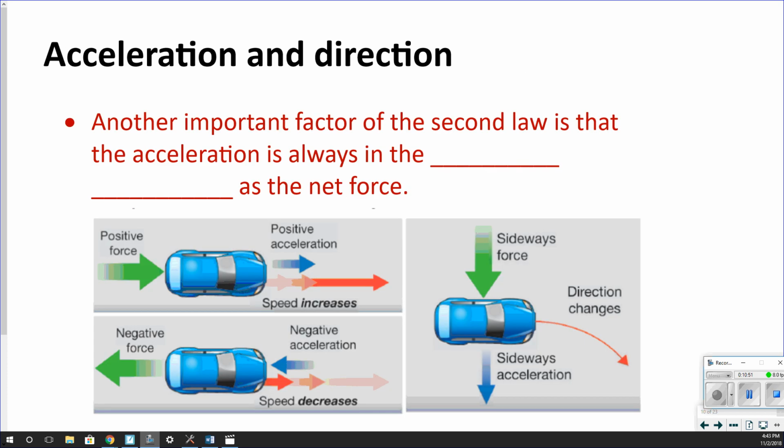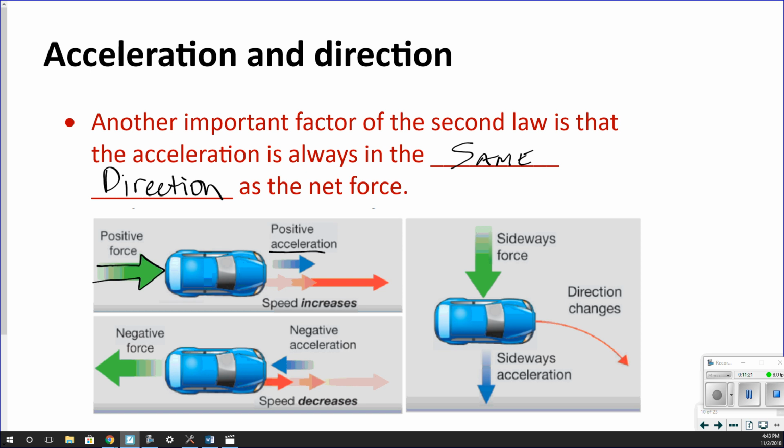Another important factor of the second law is that acceleration is always in the same direction as the net force. So what I mean by that is in this first image, we have a positive force. So you're hitting the gas pedal and it's propelling the car forward.